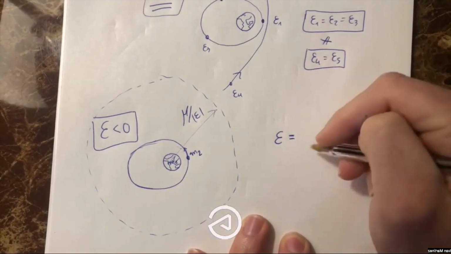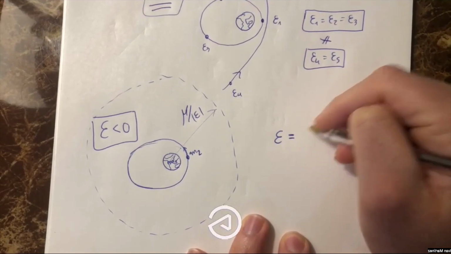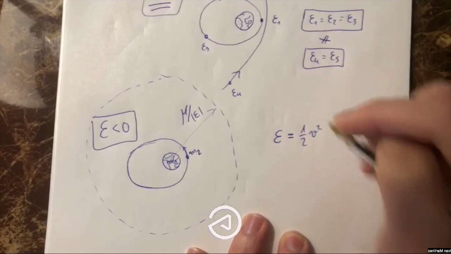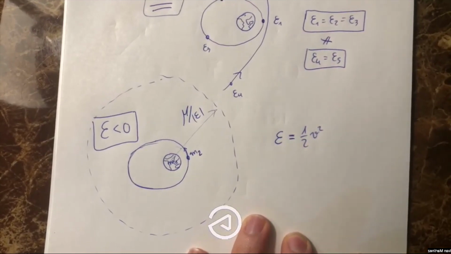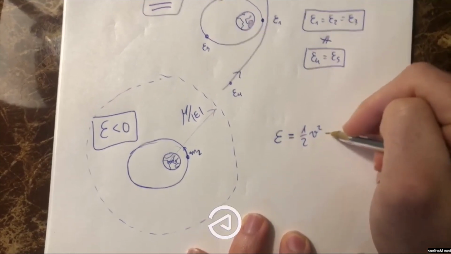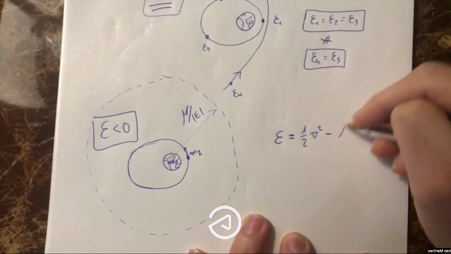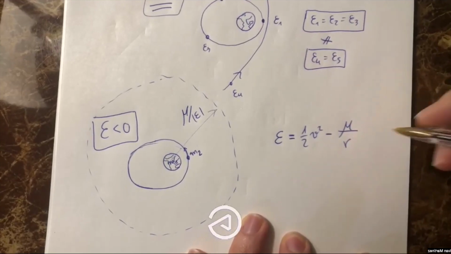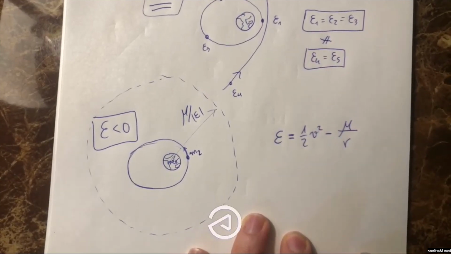So the mass goes away. So 1/2 mv squared becomes 1/2 v squared because we have gotten rid of m. And then the potential energy in astronautics is negative mu divided by r. That's it.